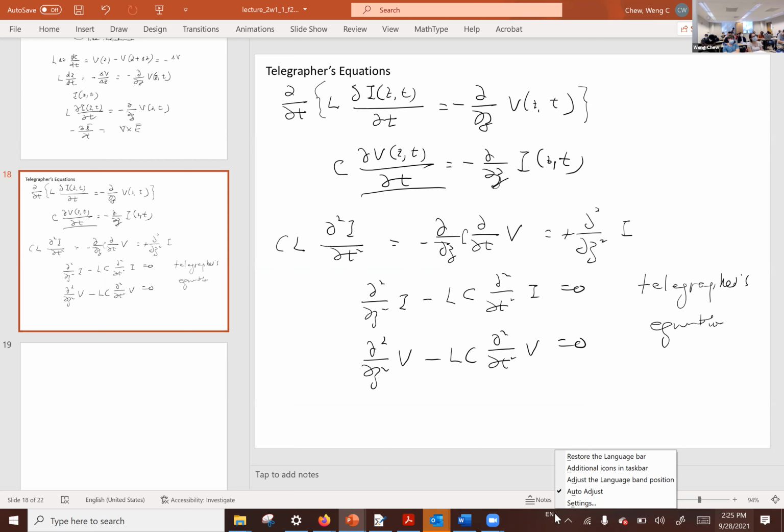And they're very simple. So if I were to ask you to identify the velocity of the wave in these two equations, what is that?